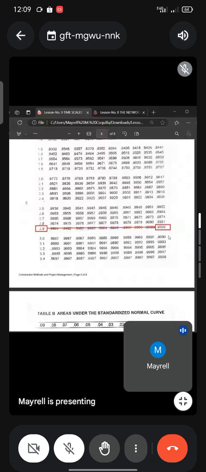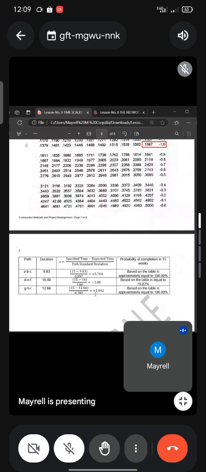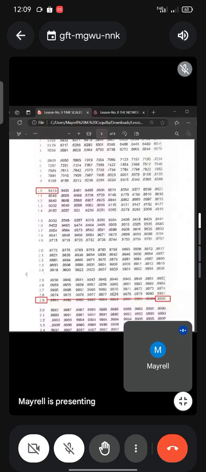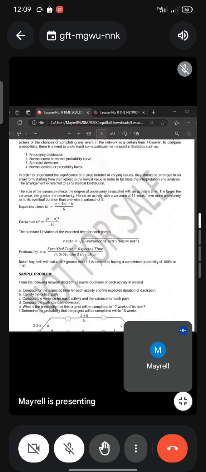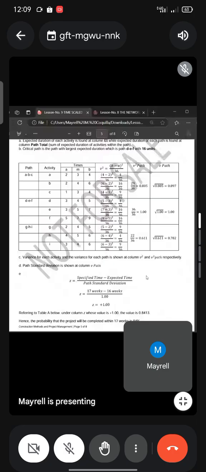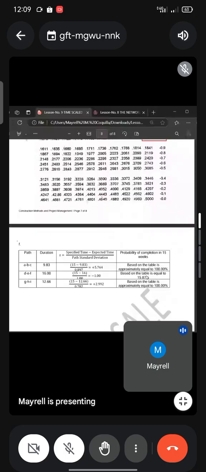And also, if you round up, 1 naman. And also, 2.99, that's already more than sa note kaniha. Diba, note, if it's larger than 2.5, it's treated as 1. So, based on the table, it's approximately equal to 100%. Okay? So, that's the probability of completion in 15 weeks.